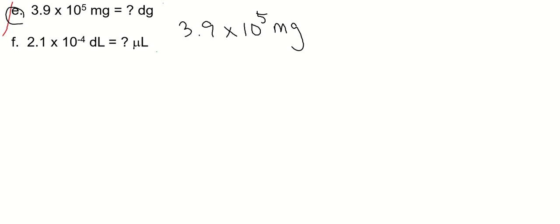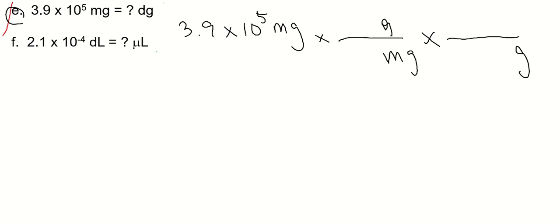Here we go. Prefixes to prefixes. Let's go to the base. So get rid of milligrams, take that to the base, which is grams, and then take the base to the second unit with the prefix, which is decigrams. It takes a little longer, but it's easier.